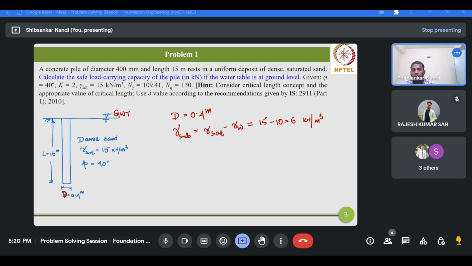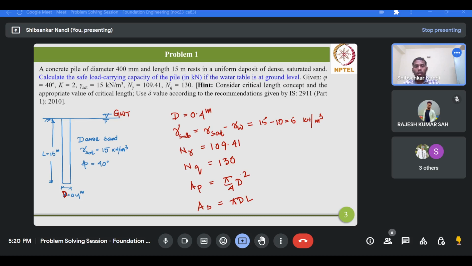Then N gamma is given as 109.41 and N_q is 130. A_P will be pi by 4 D square, and A_s will simply be pi D L. We'll consider this L separately when calculating the load carrying capacity of the pile.